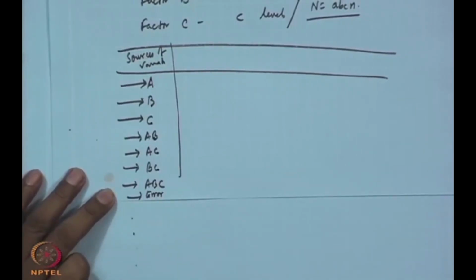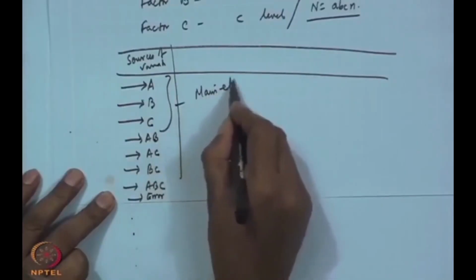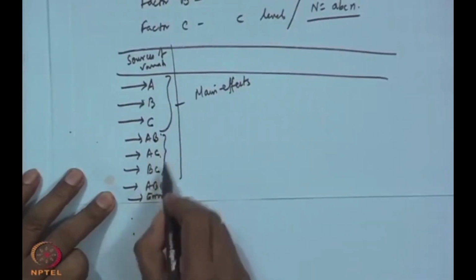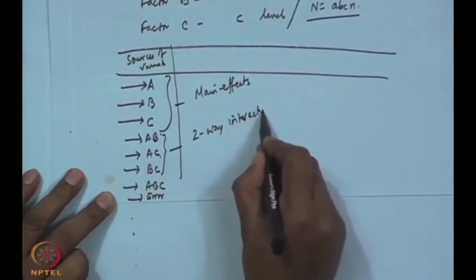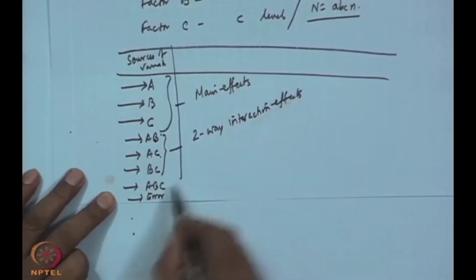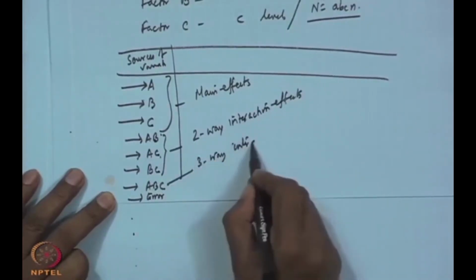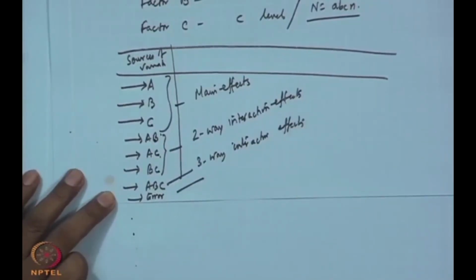So, your total variability will be decomposed into different sources. Now, A, B, C are known as main effects. AB, AC, BC are two-way interaction effects. ABC is the three-way interaction effect. And error.